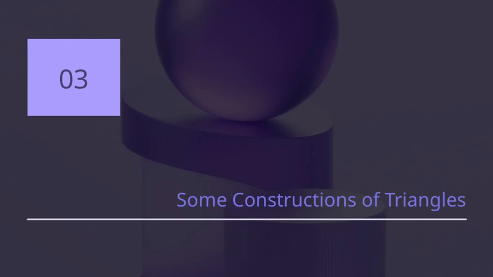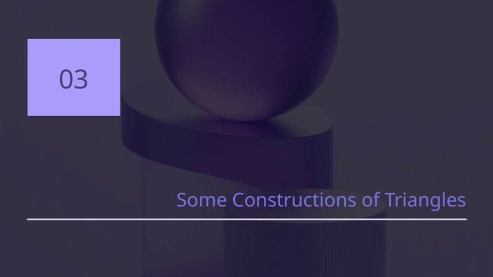Now, let's take a look at some common constructions of triangles. These methods help us understand how to build triangles with specific properties or given conditions. For example, one key construction involves using a given side and an angle, which allows us to create triangles that meet particular criteria. Another essential concept is the use of known lengths and angles to determine the position of the third vertex, ensuring the triangle is accurately formed.